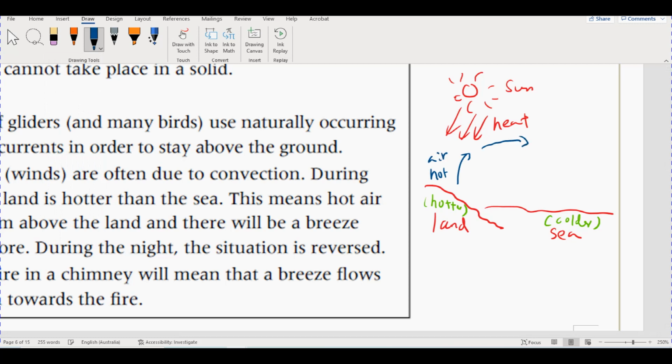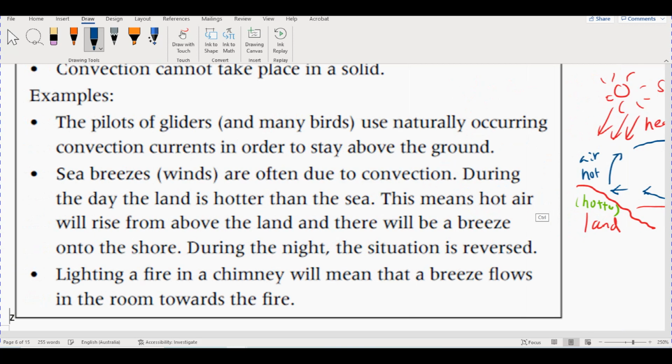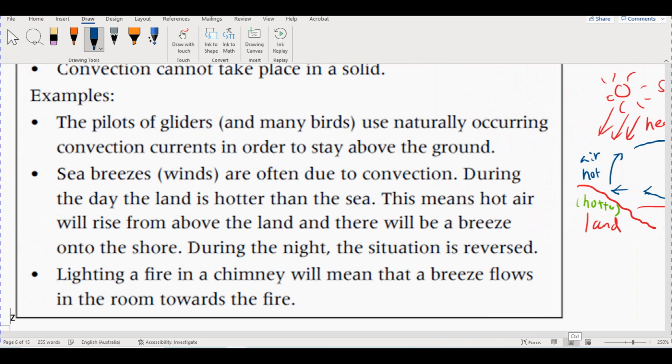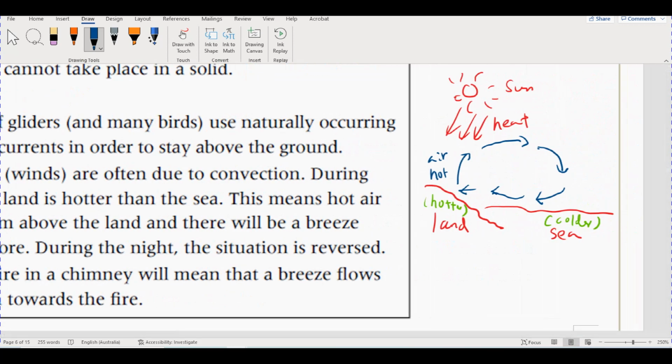They form a convection current of hot air as they move out over the sea. This is the cold air. Again, hot air rises, cold air sinks, and then they fill the void left behind by the hot air.